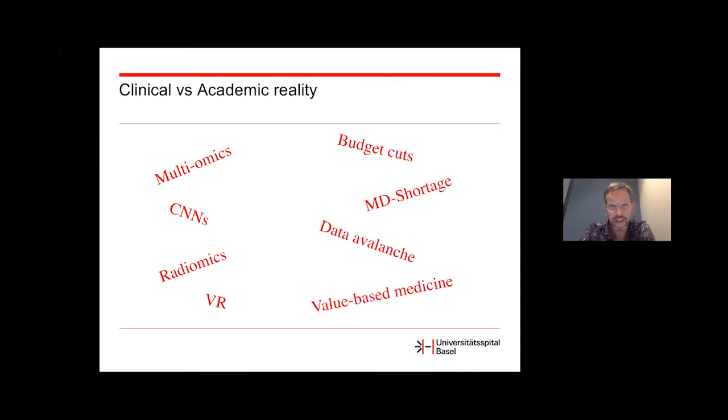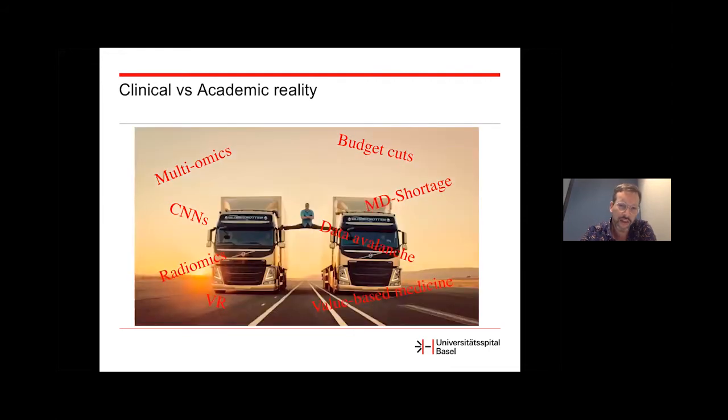And then on the clinical side, we have budget cuts, MD shortage, this data avalanche I just alluded to, and value-based medicine, all kinds of things that are somehow related, but in reality difficult to relate. And sometimes I am more or less in the middle, and I am not as flexible as this Jean-Claude Van Damme.